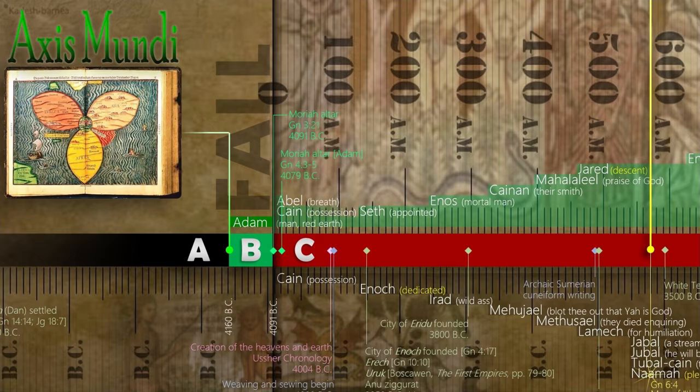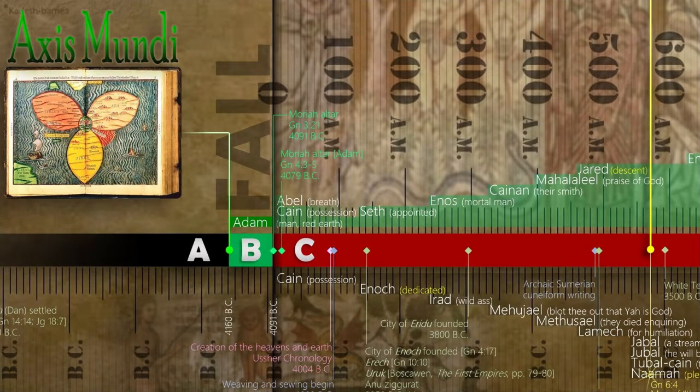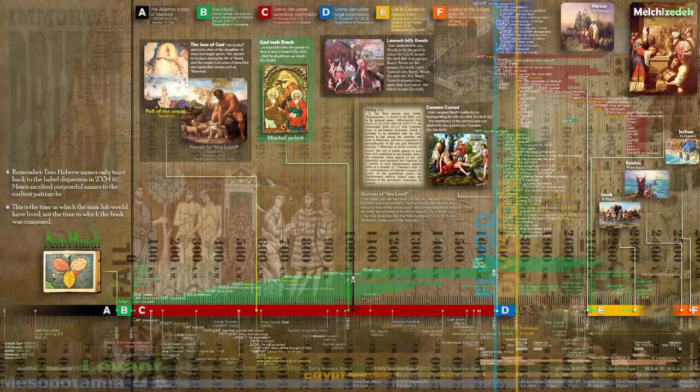This is pretty much depicted in the tabernacle and temple floor plan layout, where the altar is, and then the entrance into the holy place would be entering the garden, guarded by cherubim. So there was this altar that Adam built long ago, and that altar was actually located at Mount Moriah, where the Garden of Eden was.